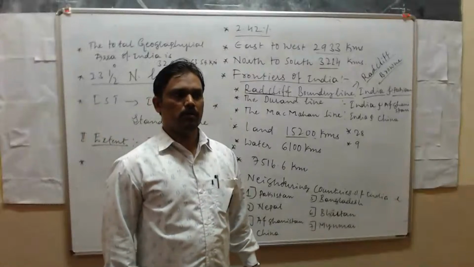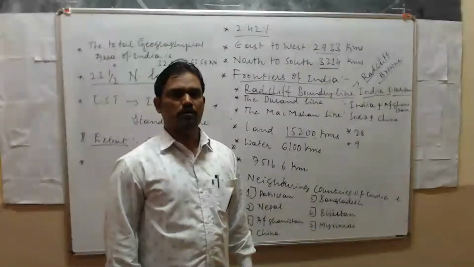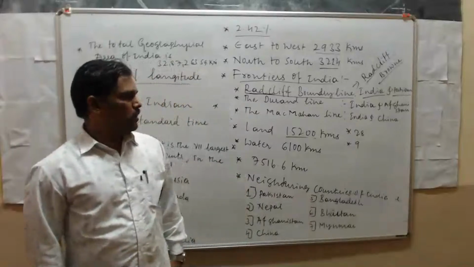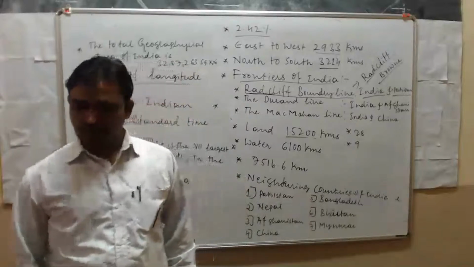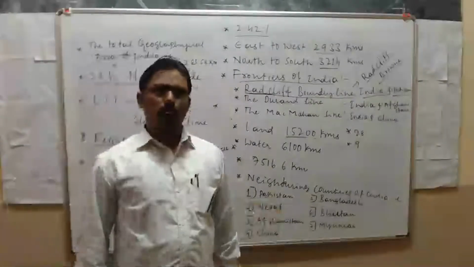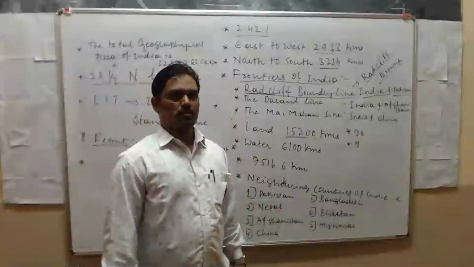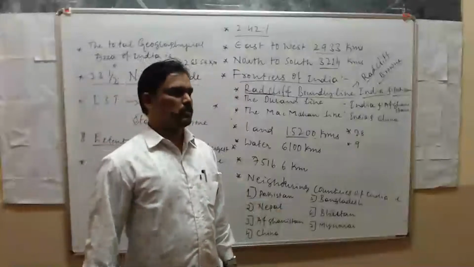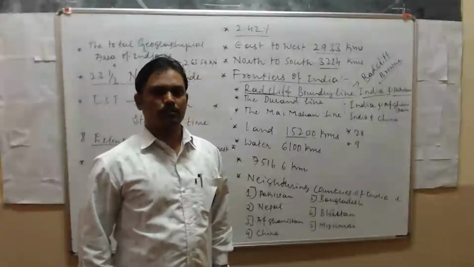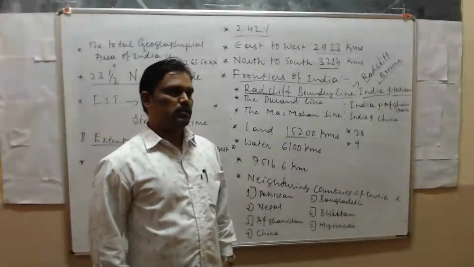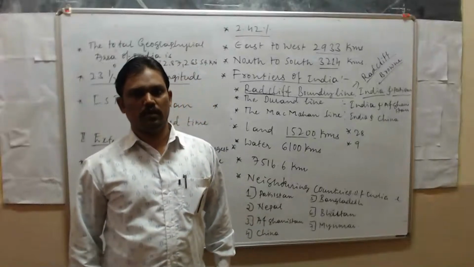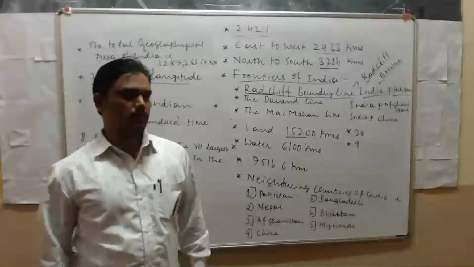If the question comes like this, you should answer Telangana. In our India, geographically, which is the largest state? The answer is Rajasthan. Geographically, Rajasthan is the largest state, and Goa is the smallest state.